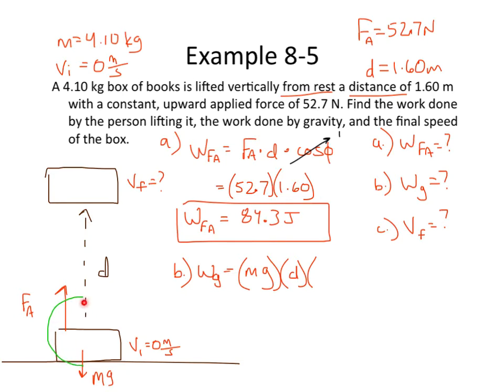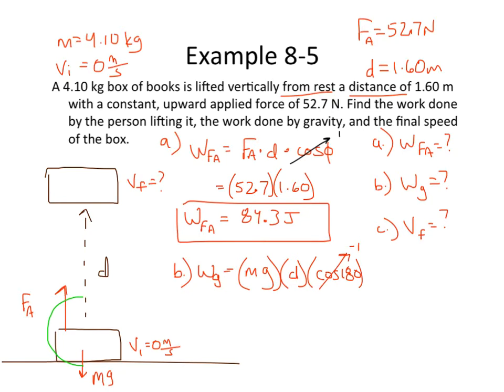It's a 180 degree difference in the direction the two are pointing, and so we have to account for that. The cosine of 180, what do you get if you key in the cosine of 180? That's going to be -1. I put a slash through it, but it really doesn't cancel out. It just becomes -1. So our work done by gravity is going to be negative.